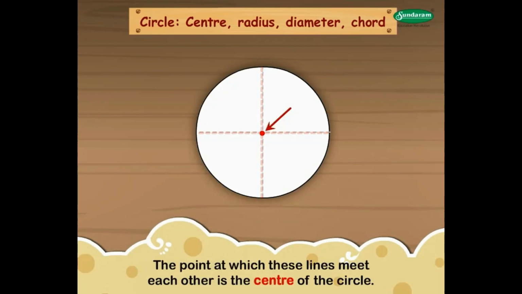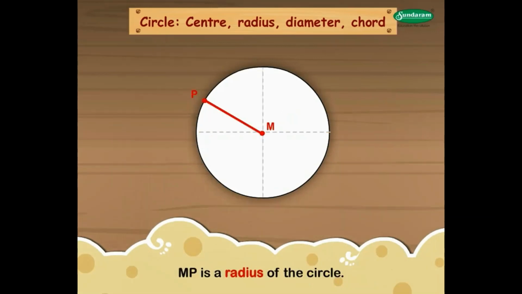Trace the lines of the folds. Draw the line MP with your ruler. It is a radius of the circle.